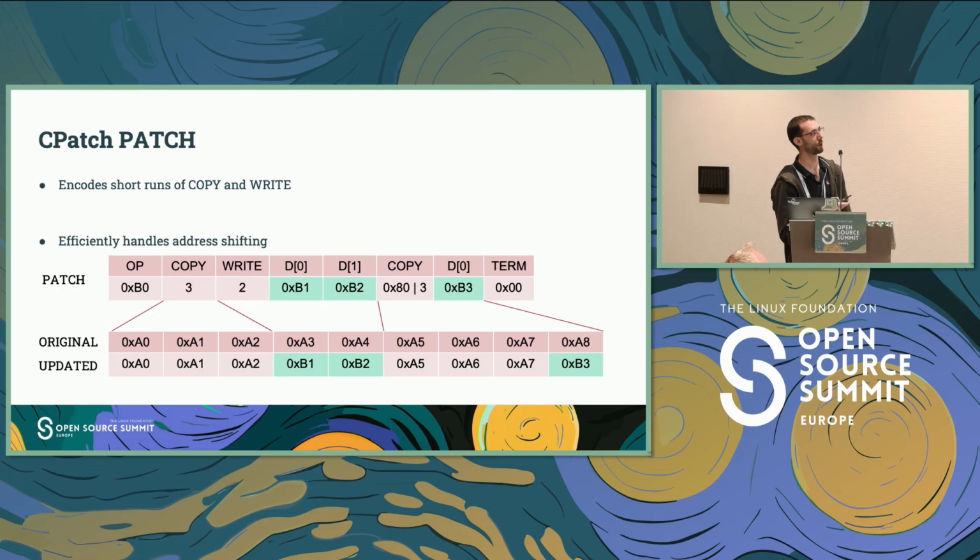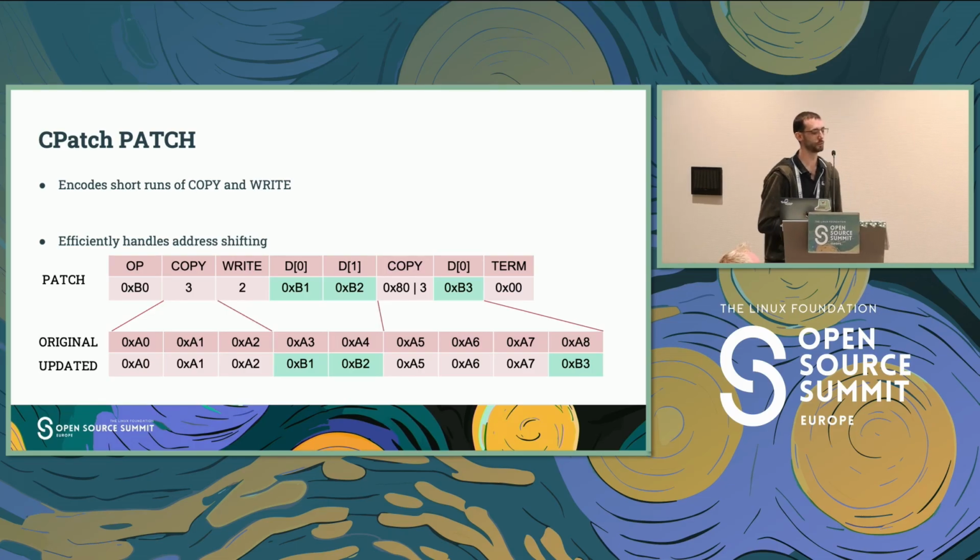So the encoding is essentially how many bytes do we copy? That's just a single byte. Then we've got how many bytes of new data do we have, followed by the data that we're writing, another copy instruction, I'll get back to the special thing here, and the byte to change, and then the terminator for the end of this larger patch.